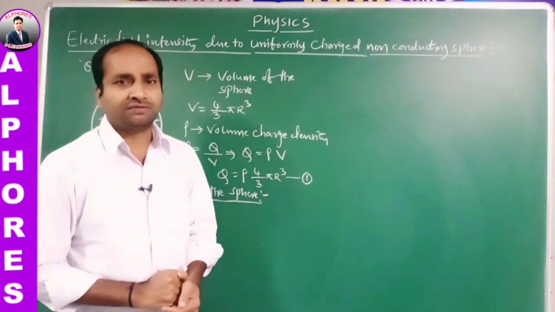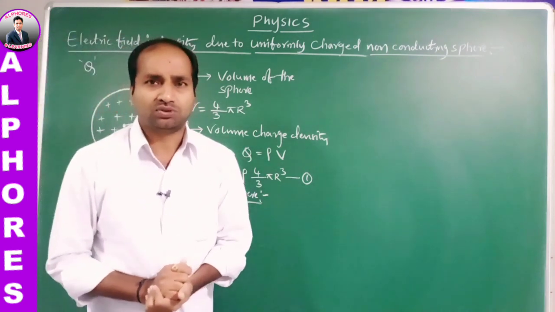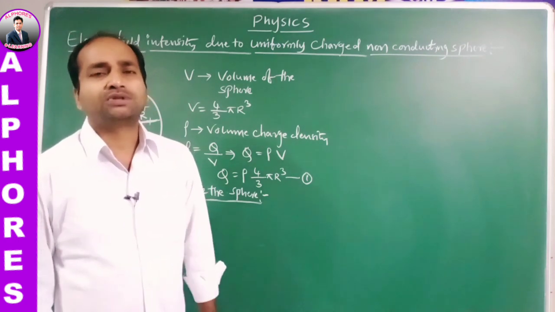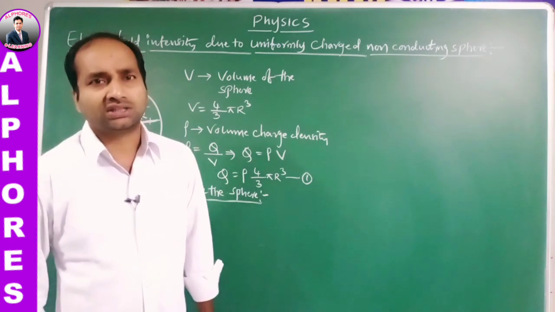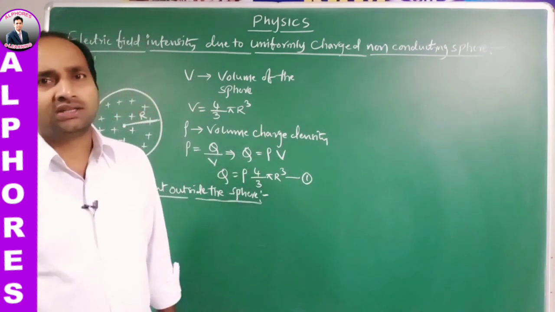The statement of Gauss law is that the total flux passing through any closed surface is equal to 1 by epsilon naught times the net charge enclosed by the surface.